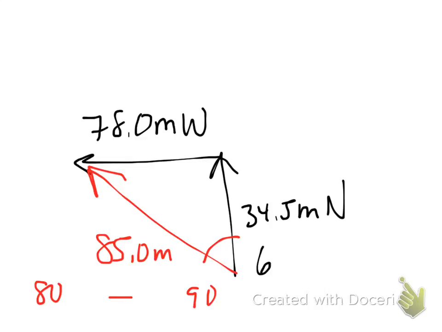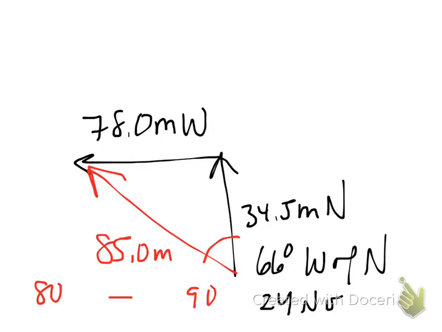Yeah, so 66 west of north, which would also be what? No, not 66. It would also be the complement of 24 west, north of west. 24 north of west? Either of those is acceptable, because they describe the same heading.